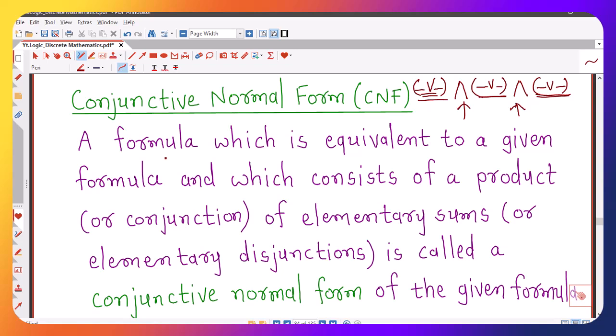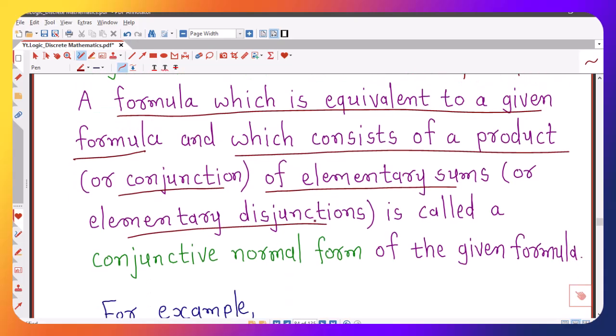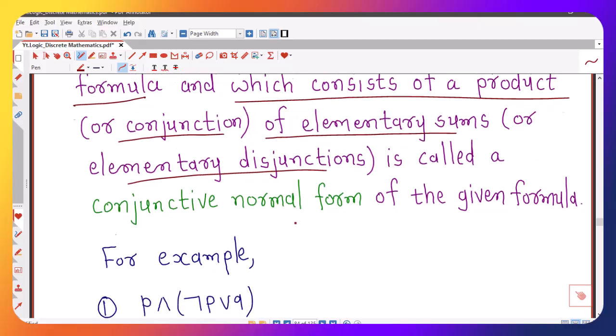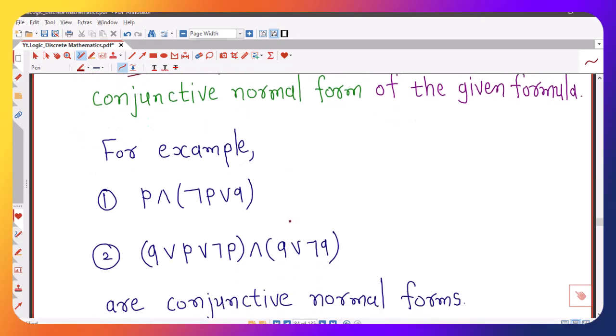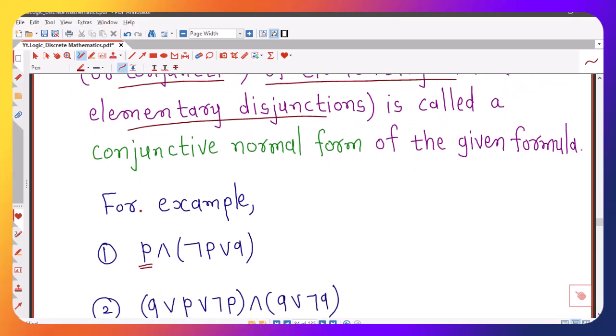So the definition we can write in this way: a formula which is equivalent to a given formula and which consists of a product or conjunction of elementary sums or elementary disjunctions is called a conjunctive normal form of the given formula. I have written two examples. This is variable p, and that we can consider as an elementary sum.